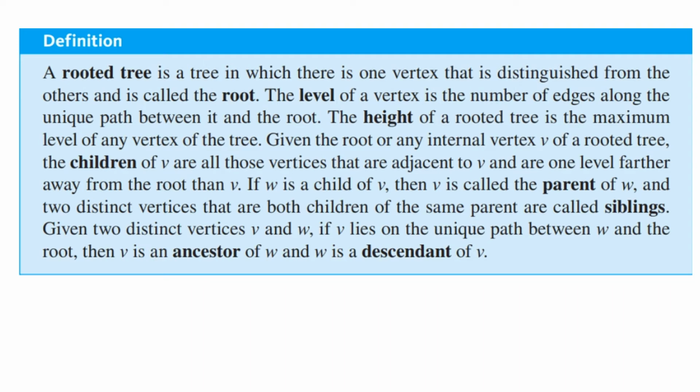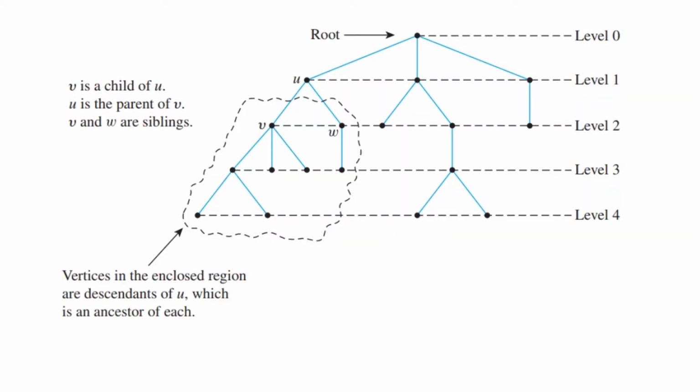You may want to pause here just to pick up on all the nuance. I'm not going to read this to you yet again. A picture is worth many words, and so we can see that we have different levels, and we have relationships with children, parents, siblings, descendants, ancestors, and so on.